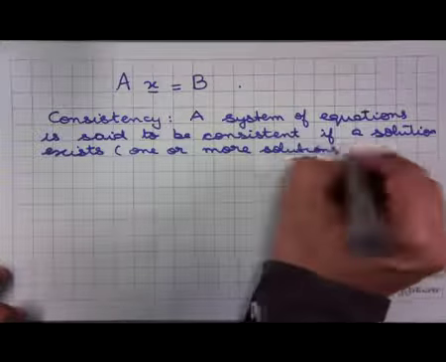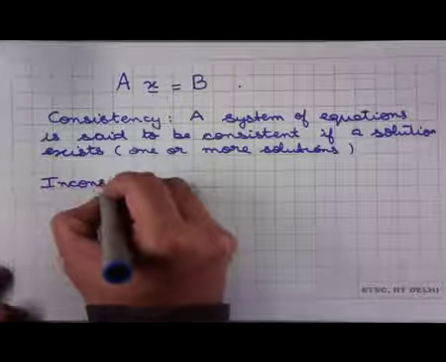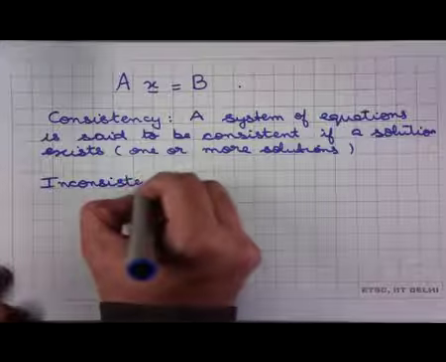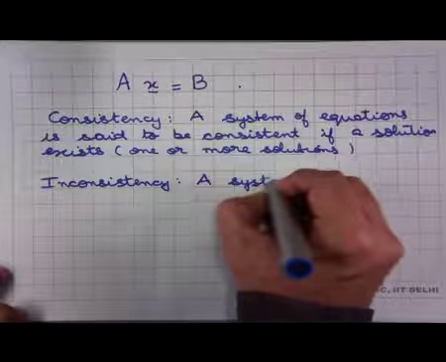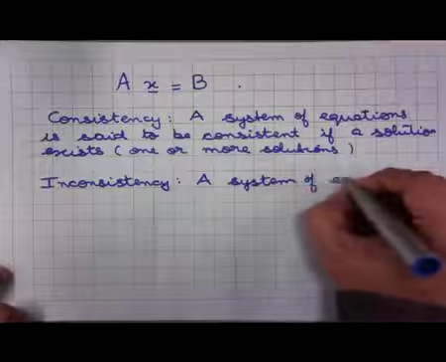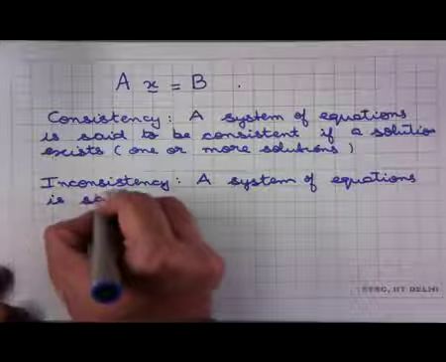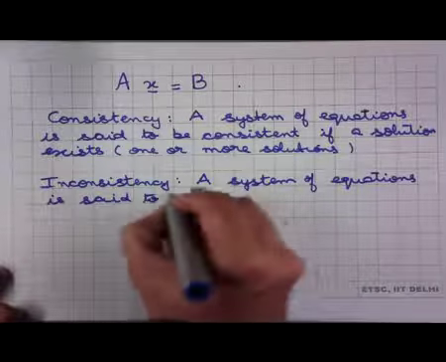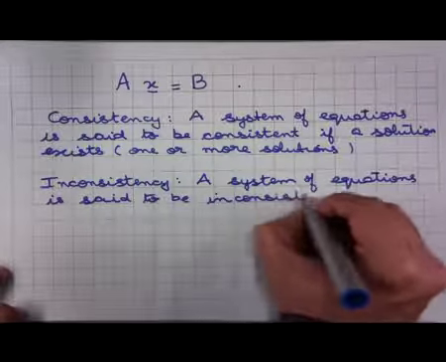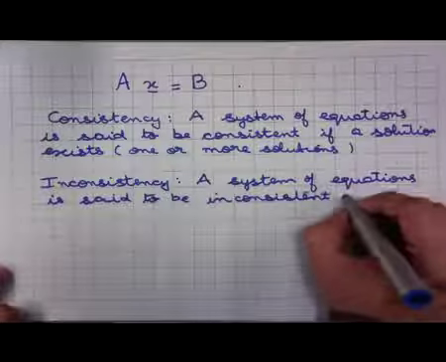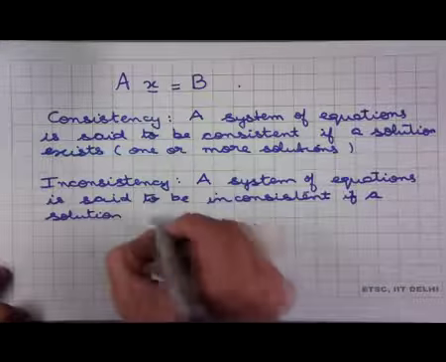And the analogous definition of inconsistency: a system of equations is said to be inconsistent if a solution does not exist.